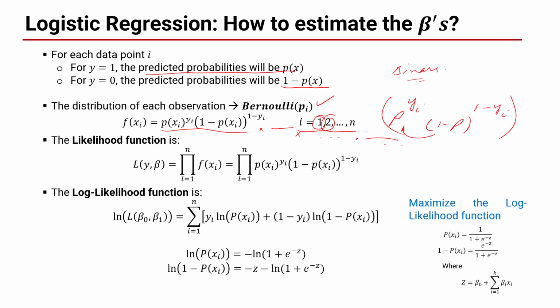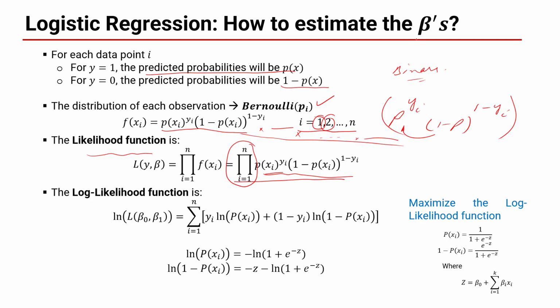So how can we write this in a very concise way? That is going to be this product function, p of xi to the power yi times 1 minus p of xi to the power 1 minus yi, where i is 1 to n, indicating these terms are multiplied up to n. Okay, so this is known as the likelihood function.